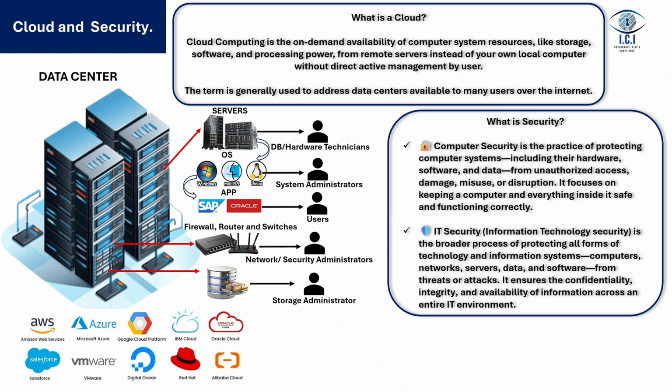When we go into security proper, we will treat what security is. We look at the CIA triad and the likes. But this is just a fundamental definition of what computer security is. Now, IT security, the information technology security, is the broader process of protecting all forms, not restricted to computers, but all forms of technology and information systems, such as computers, networks, servers, data, and even software, from threats and attacks.